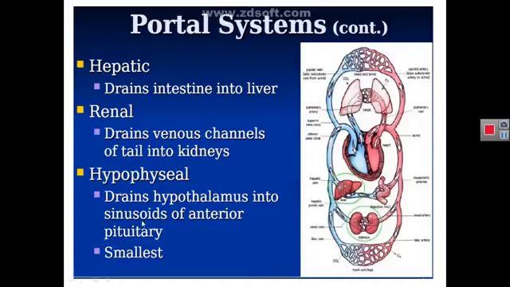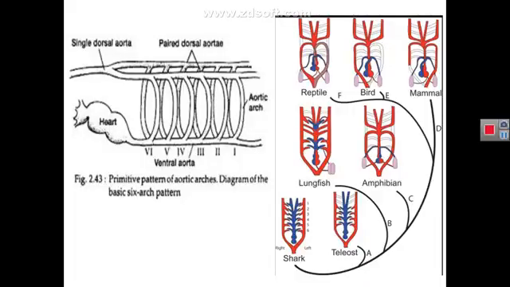Of course, large capillaries in the hypothalamus are called sinusoids because the diameter of these capillaries is slightly larger than any other capillaries. That's all about comparative anatomy of the heart and arteries.